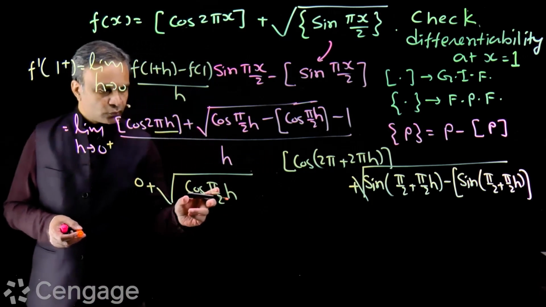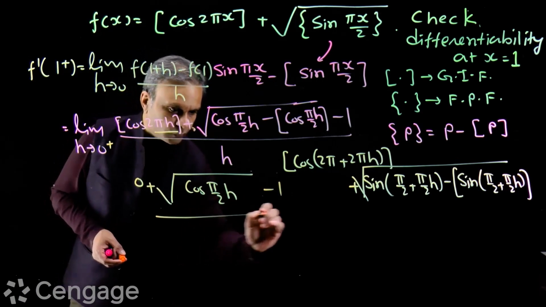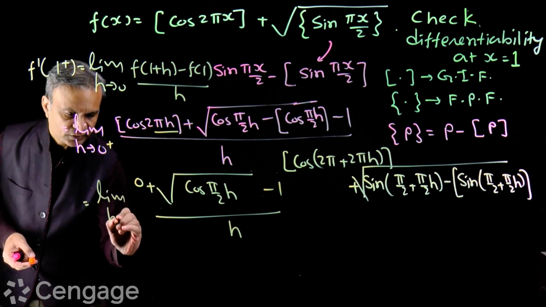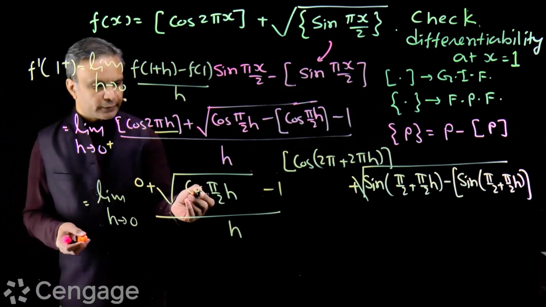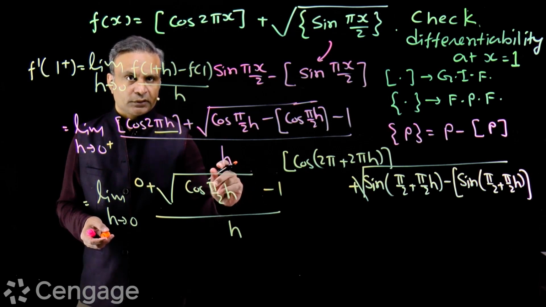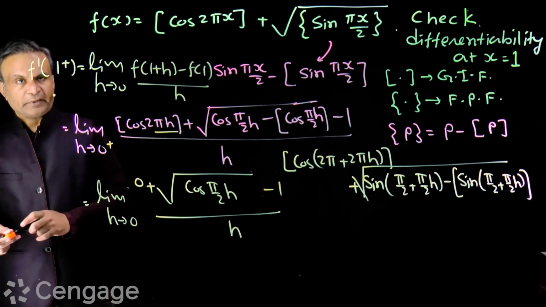So we have the limit as h tends to 0 of square root of cos(πh/2) minus 1 over h. Put h = 0, we get root cos 0 minus 1, which means 0 over 0. So this is an indeterminate form.